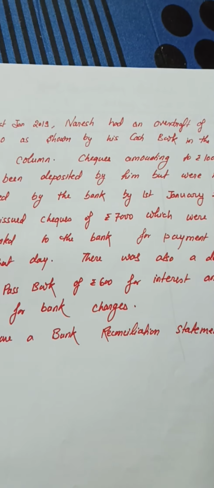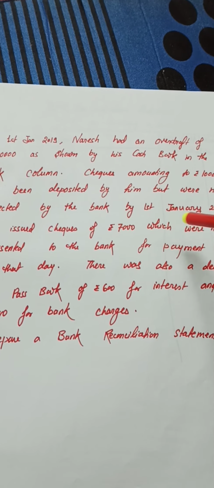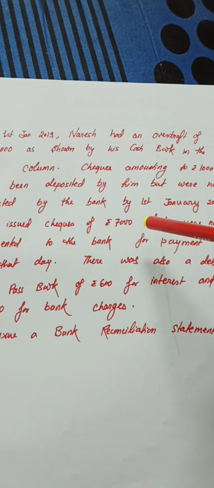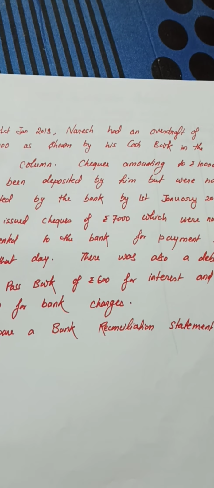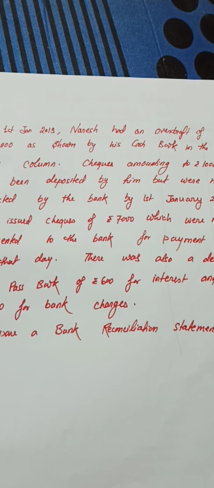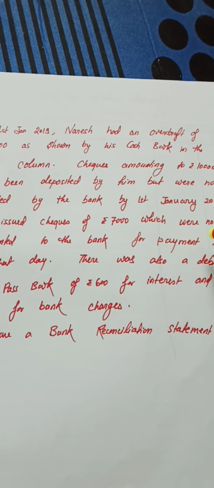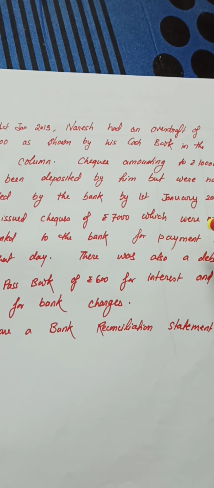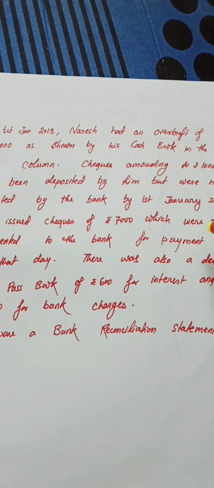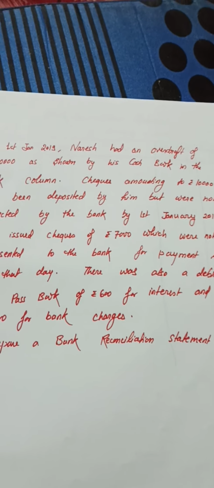Checks amounting to rupees 10,000 had been deposited by him but were not collected by the bank by 1st January 2019. He issued checks of rupees 7,000 which were not presented to the bank for payment up to that date. There was also a debit in his passbook of rupees 600 for interest and rupees 500 for bank charges. Prepare the bank reconciliation statement.